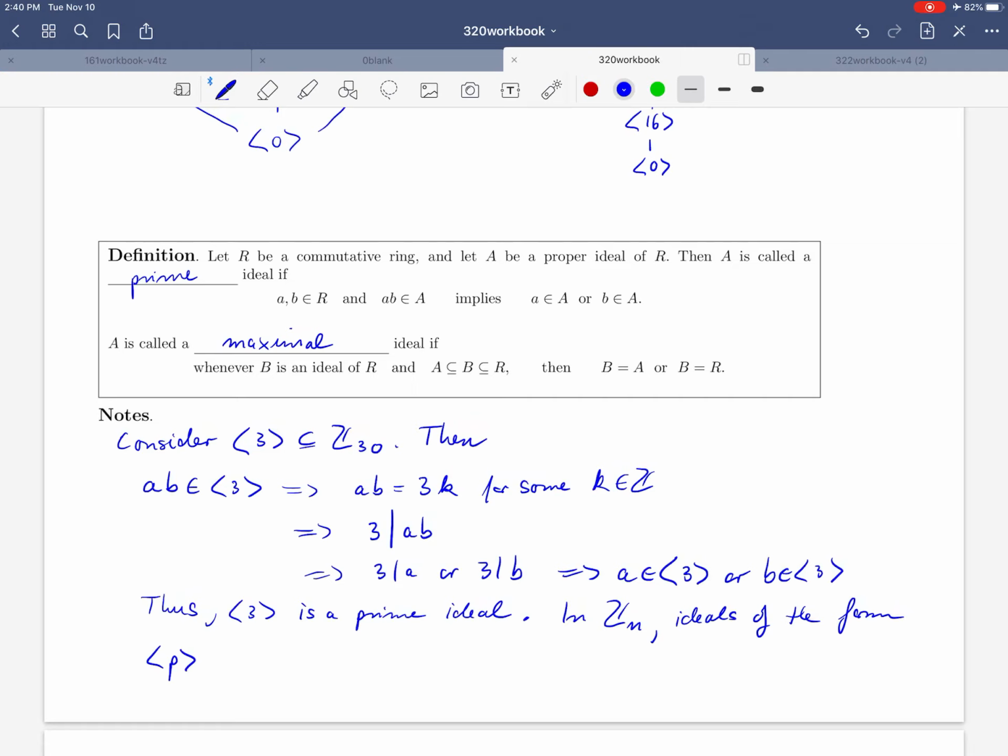So if we have a prime generating our principal ideal, then all of those are both prime and maximal.